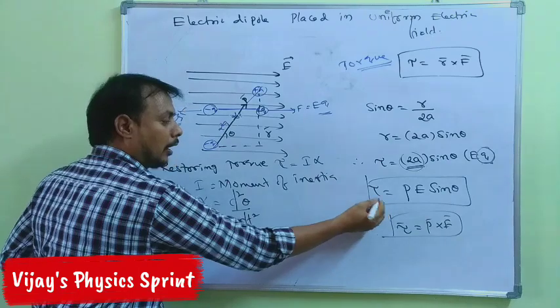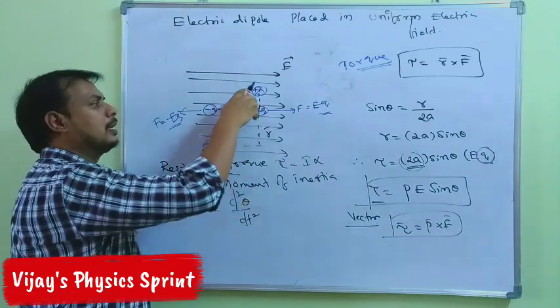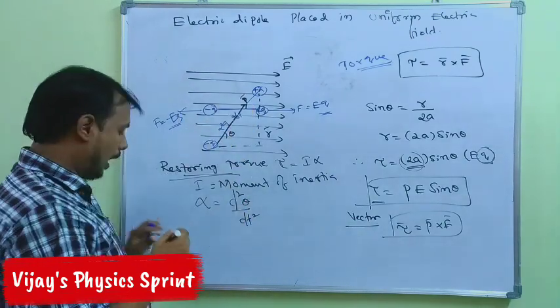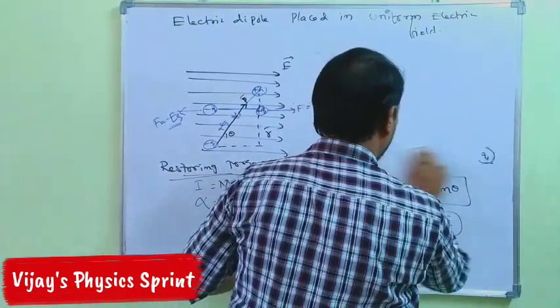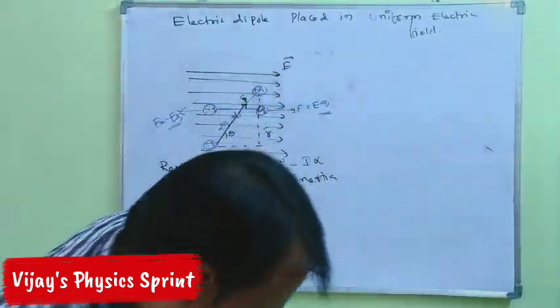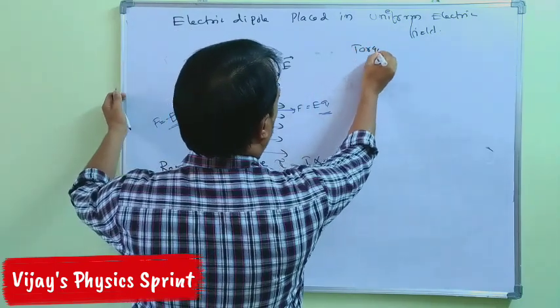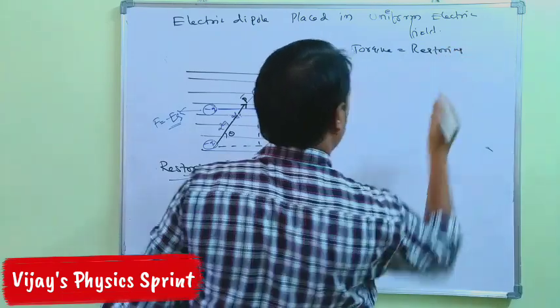When this torque and the restoring torque are equal, the electric dipole is said to be in equilibrium position. At equilibrium, the torque acting on the dipole is the same as the restoring torque.